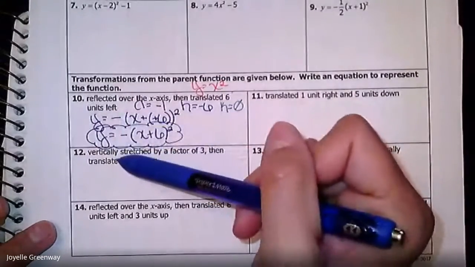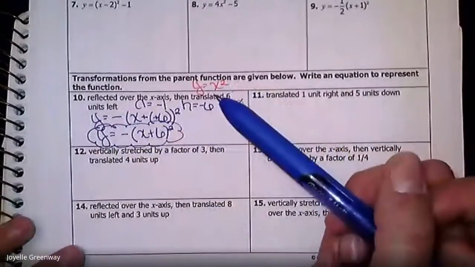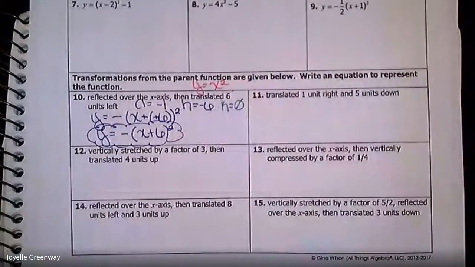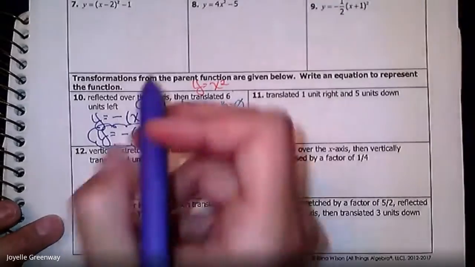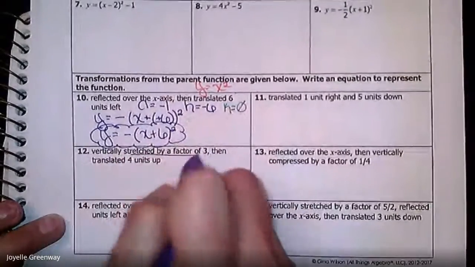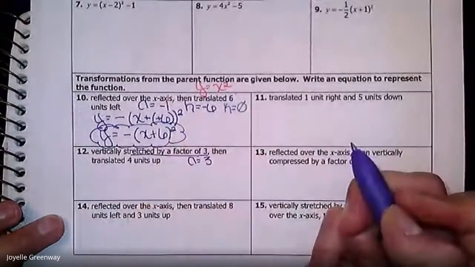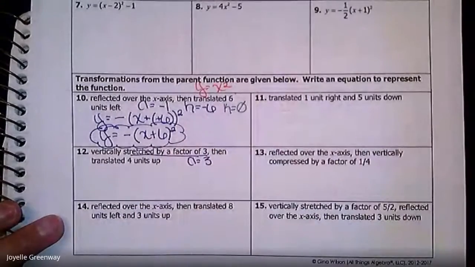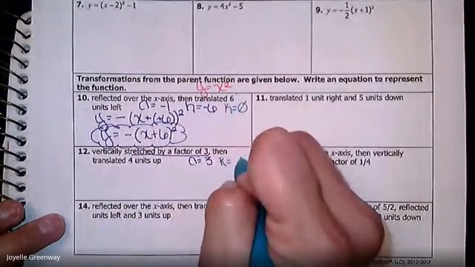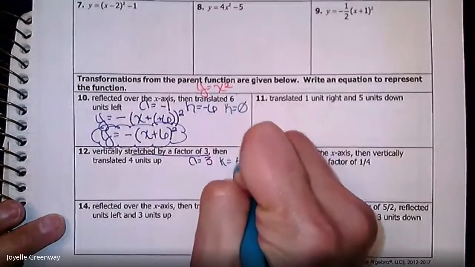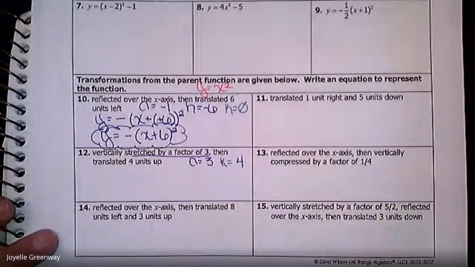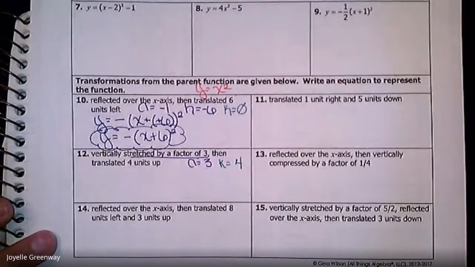Let's look at 12. Vertically stretched by a factor of 3, then translated 4 units up. So if it's vertically stretched by a factor of 3, that's your a value. So a is 3, and it's translated 4 units up. That's your k value. And it doesn't talk about a horizontal shift, so h is 0.